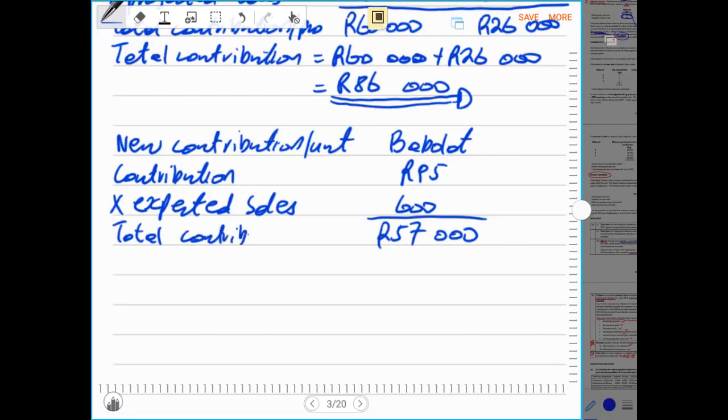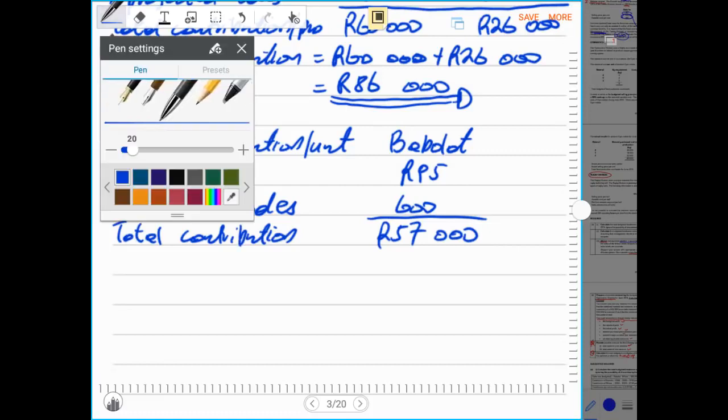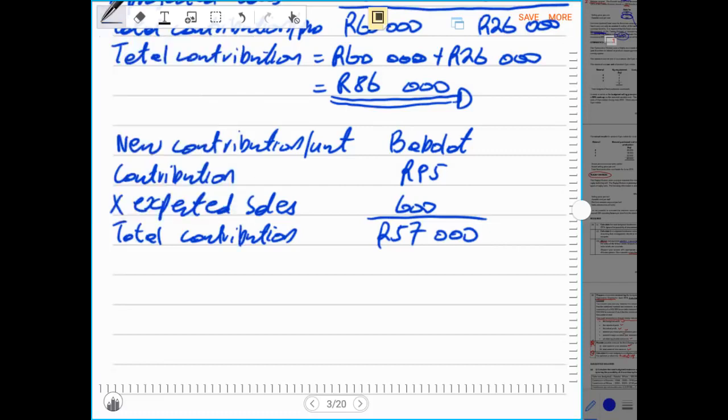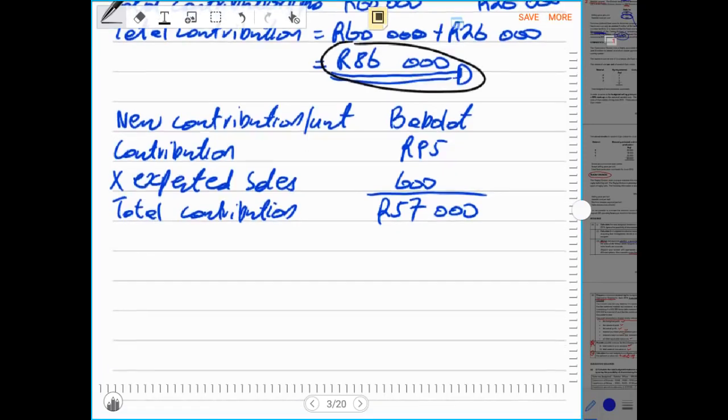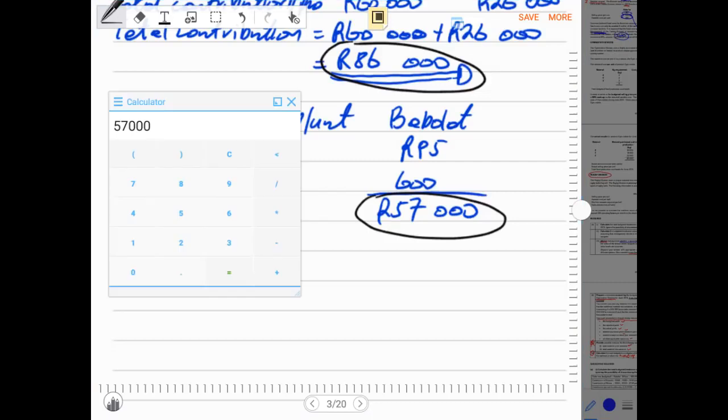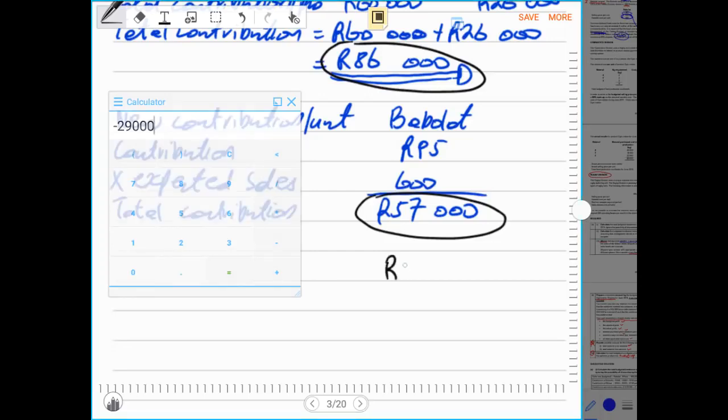Total contribution. So now we can see that when the company is selling both products, they will be making more marginal profit, which is 86,000. But when they are selling only one product, they will be making less marginal profit, 57,000. So the company will be reducing their marginal profit by 29,000 rands.